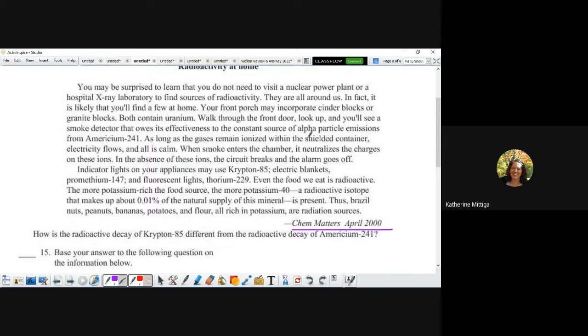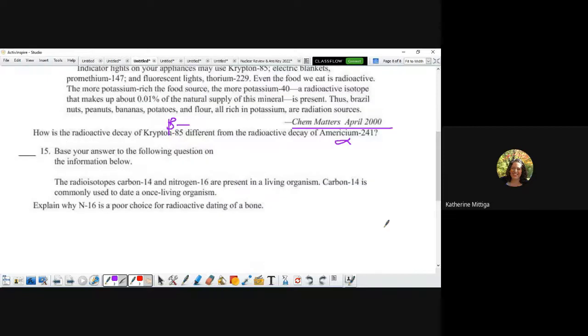Alpha particle emissions from americium-241. So let's see, krypton-85, is that on Table N? Yeah, krypton-85, according to Table N, is a beta. So they are different decay modes.